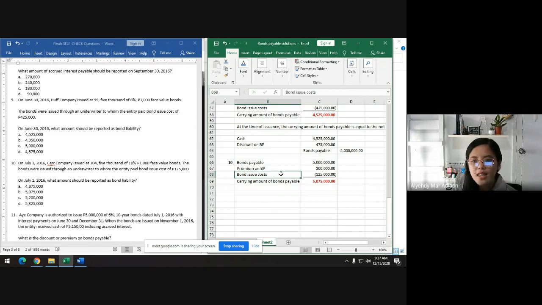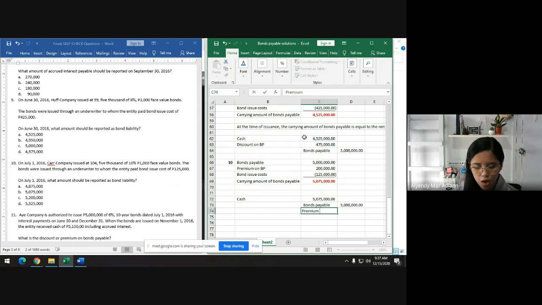So how do we journalize this? Take note, the bond issue cost is not recorded separately but it shall be netted against the premium on bonds payable. So what would be our journal entry? Debit cash, 5,075,000. Credit bonds payable, 5 million, and premium on bonds payable. By how much?